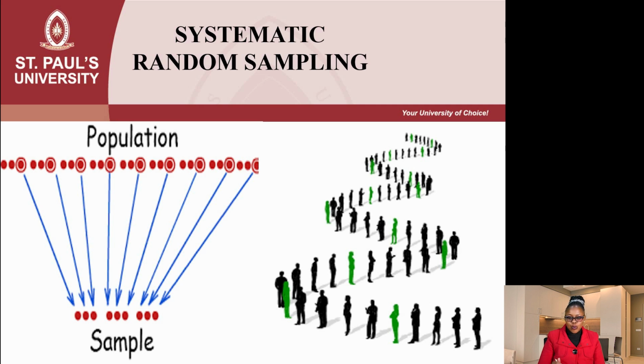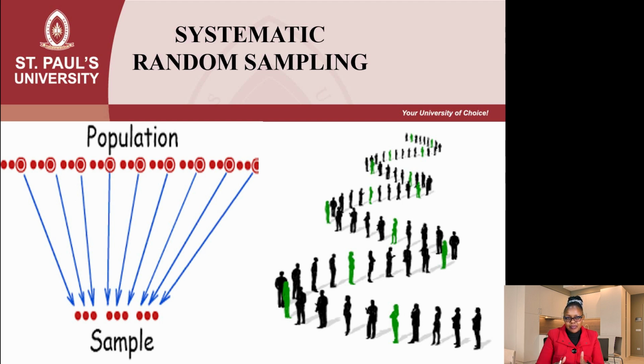Then you pick a random starting point. You can start from behind, or from the front or from the middle. And then you say every 5th member of that population, or every 10th, or every 20th member will form part of my sample.